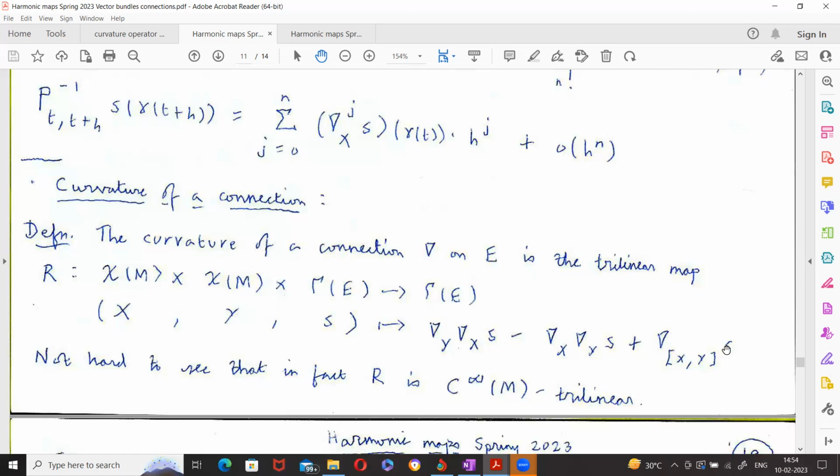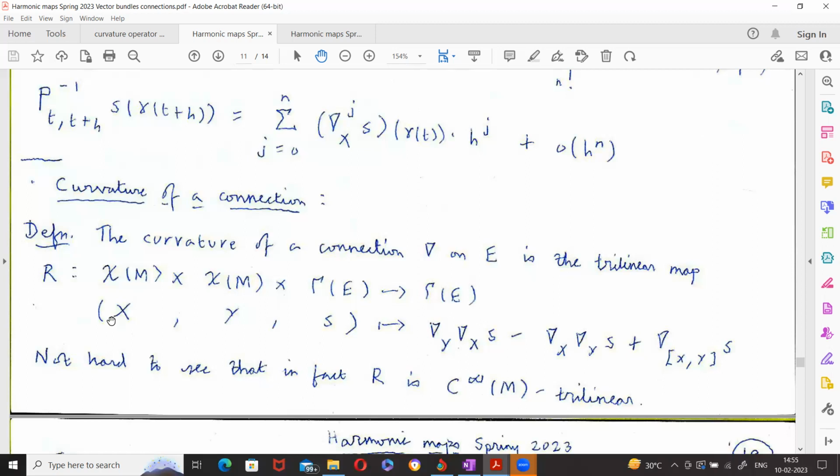All right. So this is trilinear with respect to X, Y, and S. And so it's trilinear with respect to the constants. But in fact, because of this term nabla bracket XY here, what one can check is that it is trilinear with respect to C infinity M. In other words, these three are modules over C infinity M. So as a map of modules, it is trilinear.